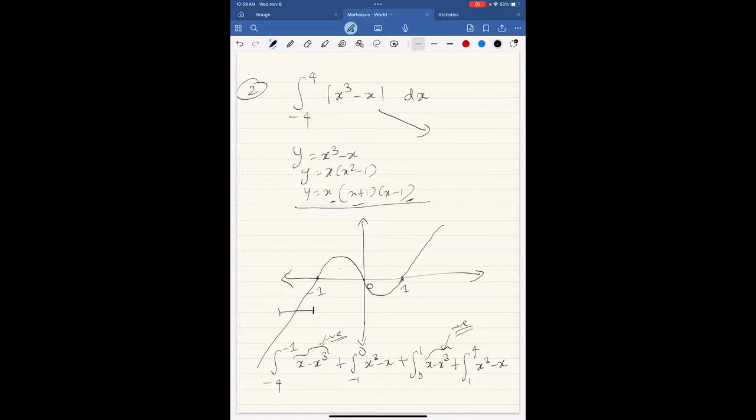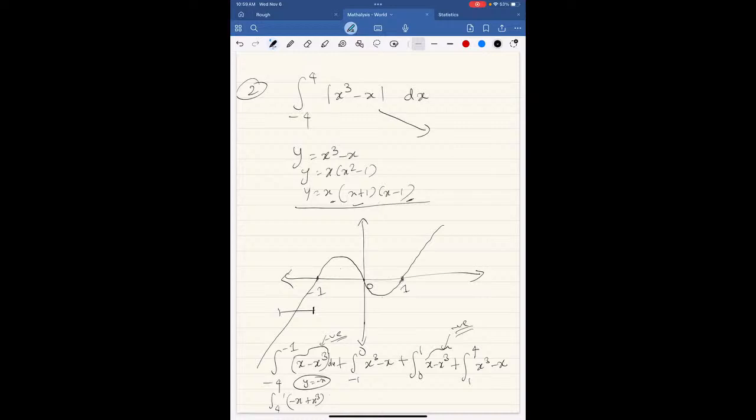Now notice that if we make a substitution over here, let's say y equals minus x, this will go from 4 to 1 of minus x plus x cube, right?